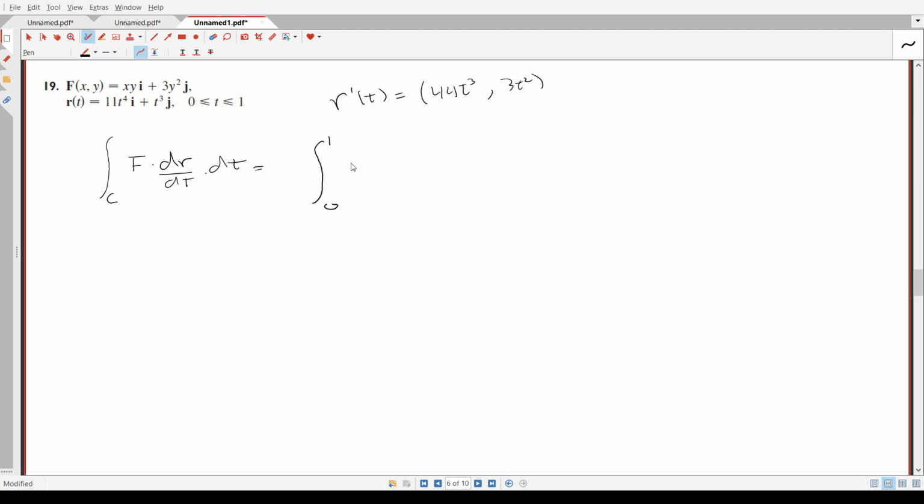And I need f dot, so that's xy, sorry, I need to write that in terms of the parameterization. That's going to be x, which is 11t to the fourth, times y, which is t cubed. Sorry, that's my x component.